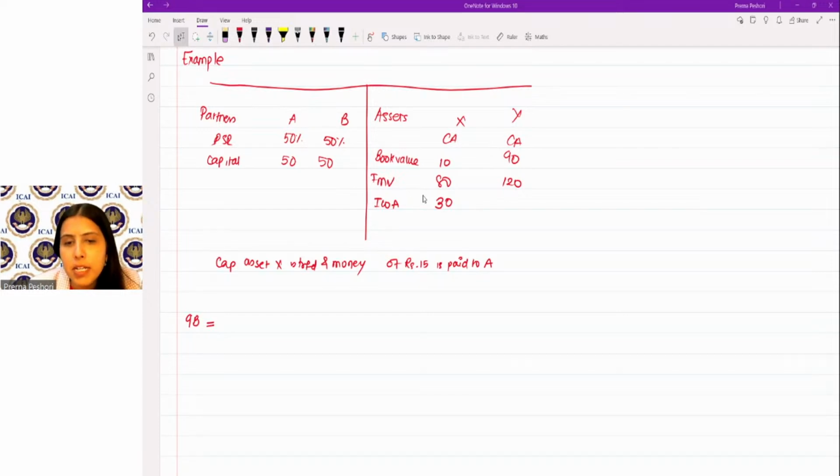So there was no taxable capital gain at the end. Quickly tell me what will be 9B over here? Yes, Jacob, you're correct. So 80 minus the indexed cost 30, my 9B is 50.